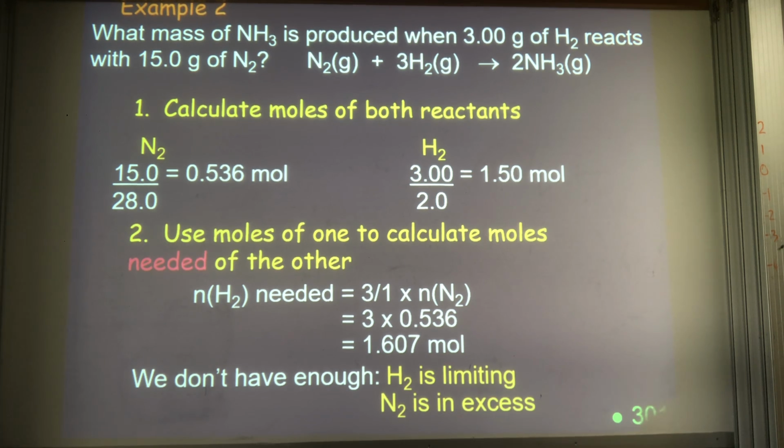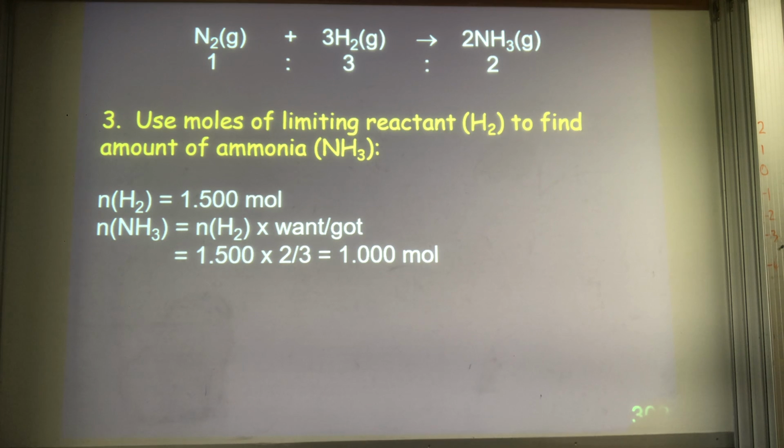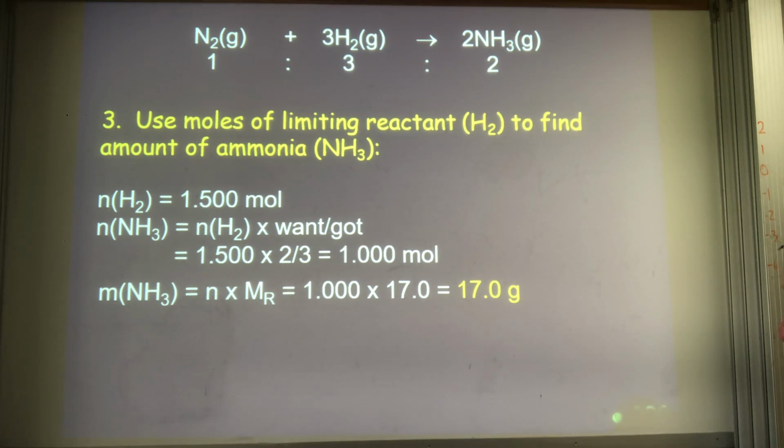So to work out how much ammonia is produced, we're going to use the moles of hydrogen. So 2 over 3 times the moles of hydrogen gives us the moles of ammonia. Nice round number. Then multiply by the MR to get the mass.